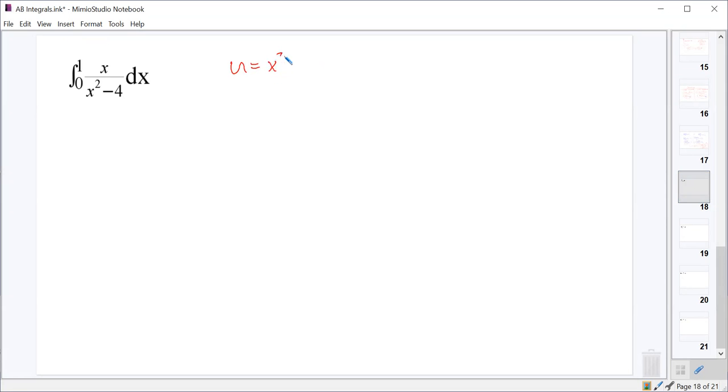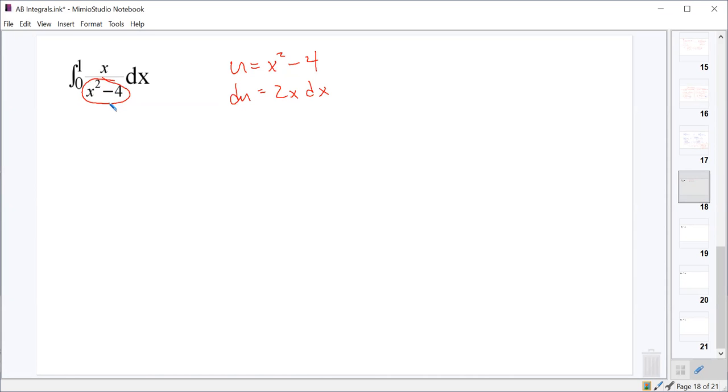All right, we could do u equals x squared. Generally, though, if we have a denominator and it's got a constant attached to it, we usually want to use that constant as part of it, because if I put the -4 there, it doesn't affect the derivative, right? du will still be 2x dx. But now instead of having x squared minus 4 down there, I'll just have a u down there, which will be easier to deal with usually. Does that make sense?